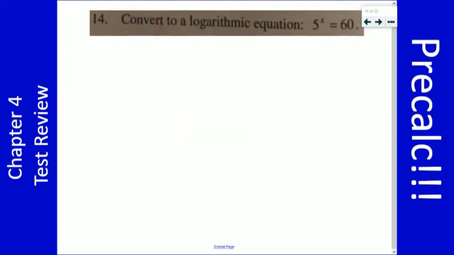Next, we wanted to convert an exponential statement to a logarithmic statement. So we have 5 to the x power equals 60, which then converts to logarithm base 5 of 60 equals x. Again, this 5 matches this 5 here.